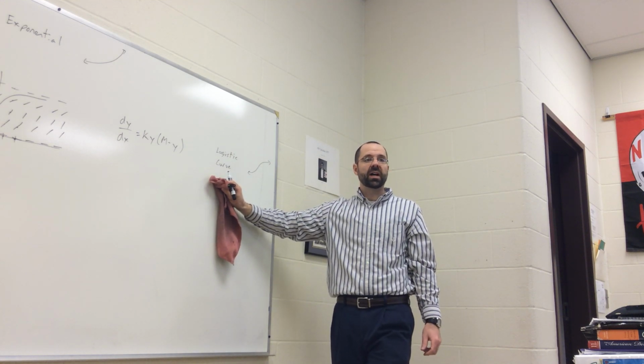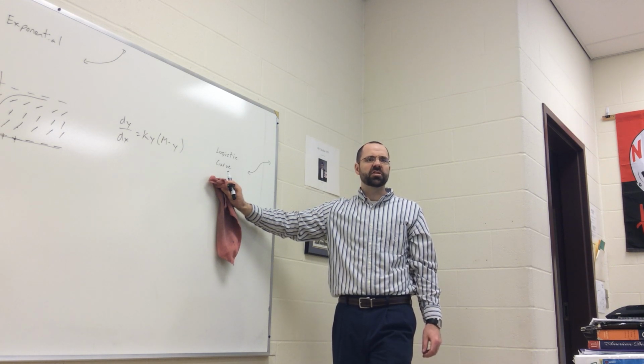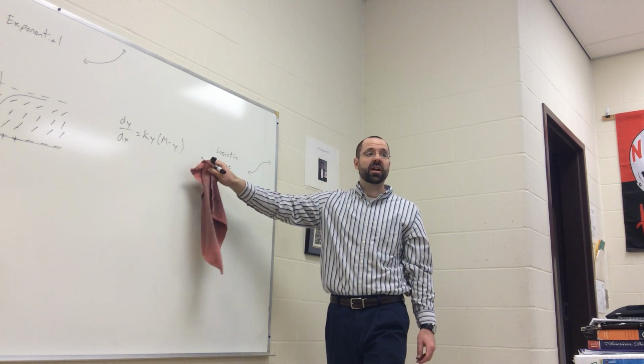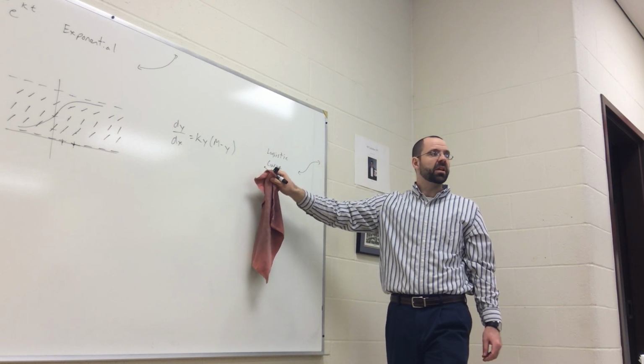And solving for y on this is going to take a while tomorrow. It's a tricky separation of variables problem. So we'll leave this blank for now, but tomorrow we're going to figure out what y equals. It's a pretty tough problem.